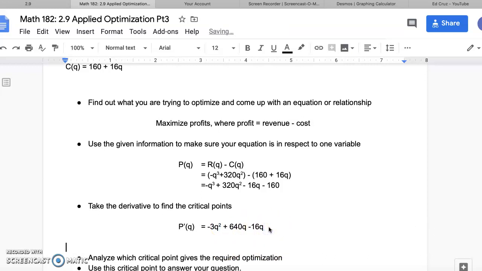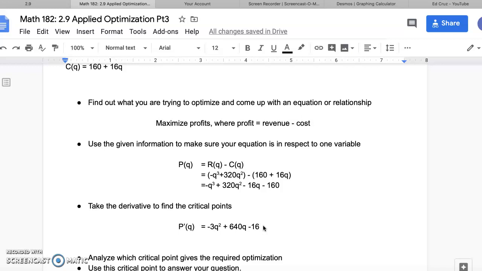Now remember from before, critical points are where our derivative is undefined or where it equals 0. Since this is a polynomial, there are not going to be any undefined values as far as general functions go. So we'll go ahead and focus on where our derivative is equal to 0.